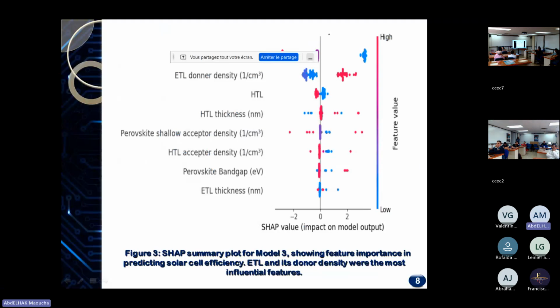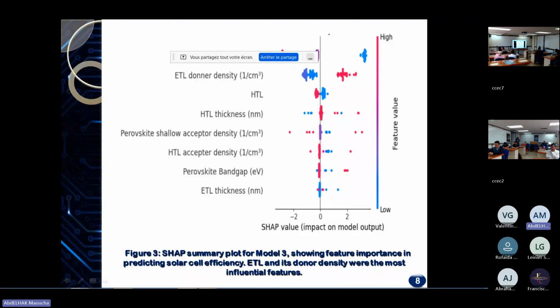As shown in this figure, the most influential feature was the ETL, with a mean absolute SHAP value of 2.45, followed by the ETL donor density, highlighting the dominant role of the electron transport layer in determining device efficiency. Other features with moderate to low influence include HTL, perovskite band gap and perovskite shallow acceptor density.